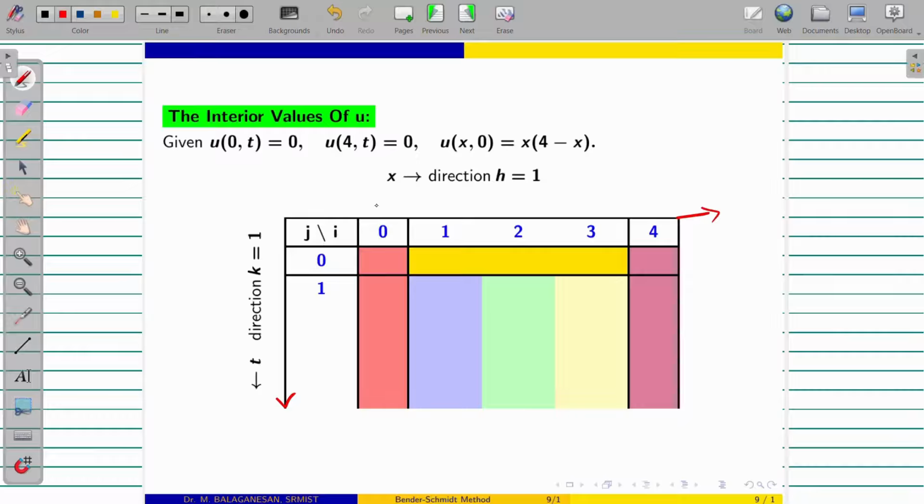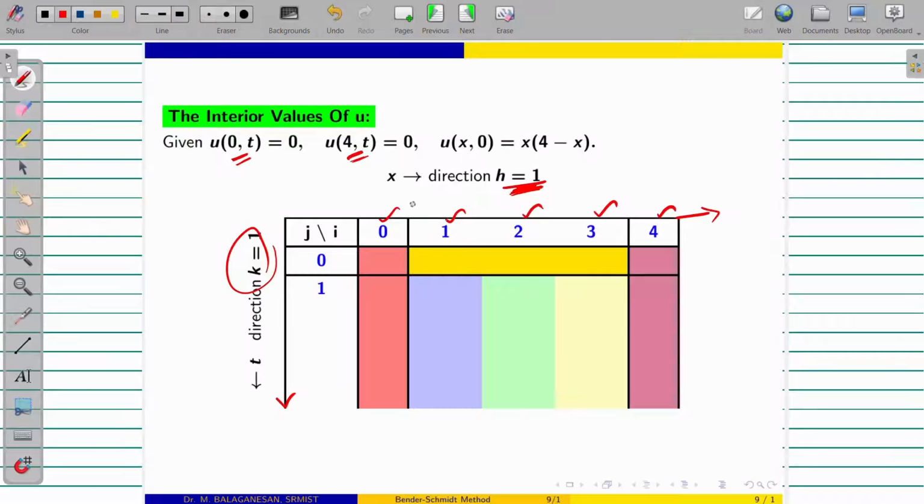Look at that, I have given: x direction, h is equal to 1. T direction, k is equal to 1. What about where it varies from 0 to 4? X varies from 0 to 4: 0, 1, 2, 3, 4, because the difference h in the x direction is 1. So starting from 0, x varies from 0 to 4: 0, 1, 2, 3, 4.